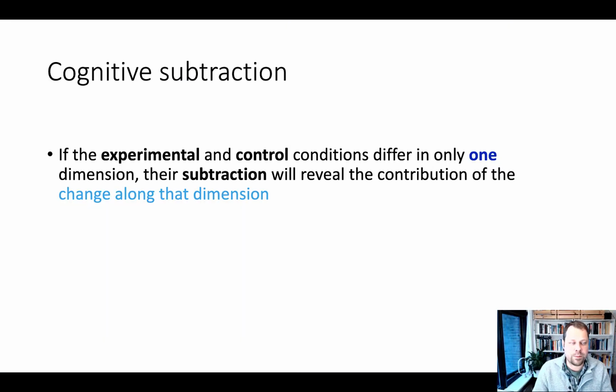So from this example, we can see the effects of cognitive subtraction in action. Right? It's a simple example contrasting a social versus a non-social condition. If the experimental and control conditions differ in only one dimension, then the subtraction will reveal the contribution of the change along that dimension alone.